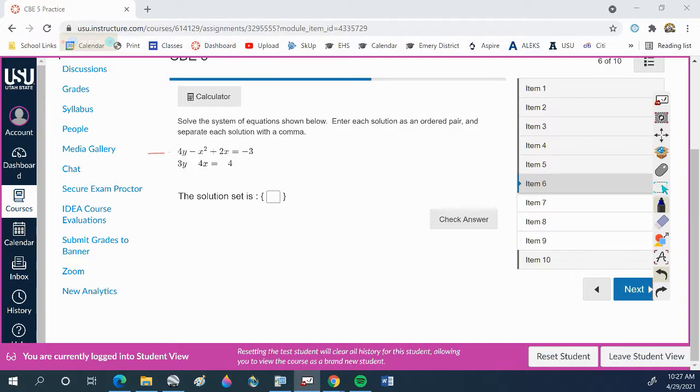Could we solve for y on the top? Yes. Could we solve for x on the top? No. Why not? We have an x squared and an x. So how do you get an x by itself if you have an x squared and an x?